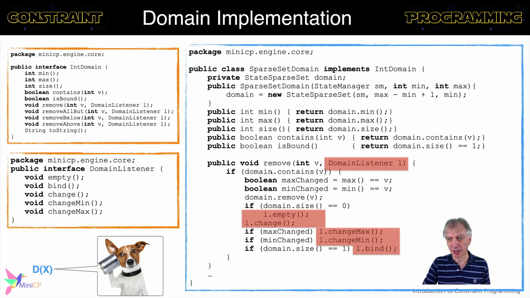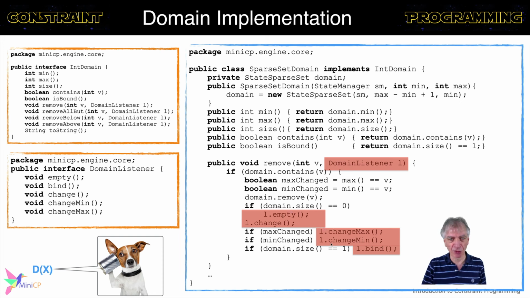So in a sense, you are basically testing if the value is there, and you're removing it. If the domain is empty, you tell the domain listener, hey, tell the world that I'm empty, and if it's not empty, but a value has been removed, you're going to say, hey, I've changed, my domain has changed. This is very important because that tells the constraint propagation that all the constraints which contain these variables whose domain we are modifying right now have to be propagated again.